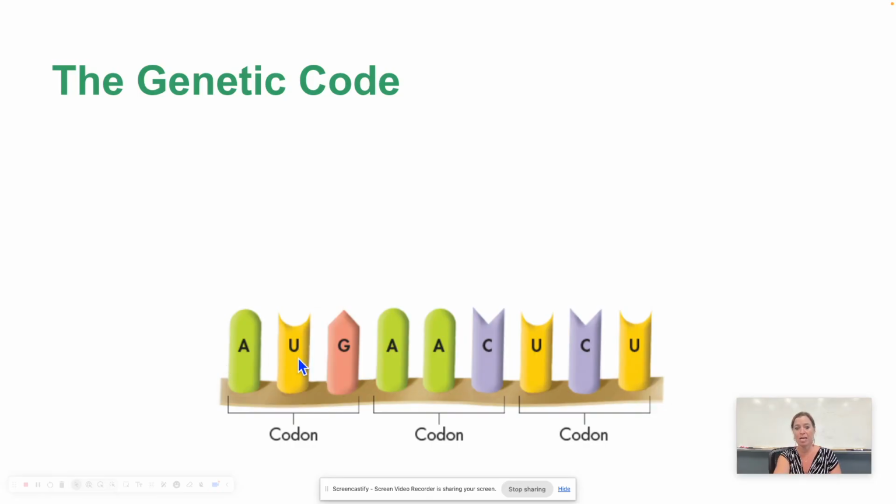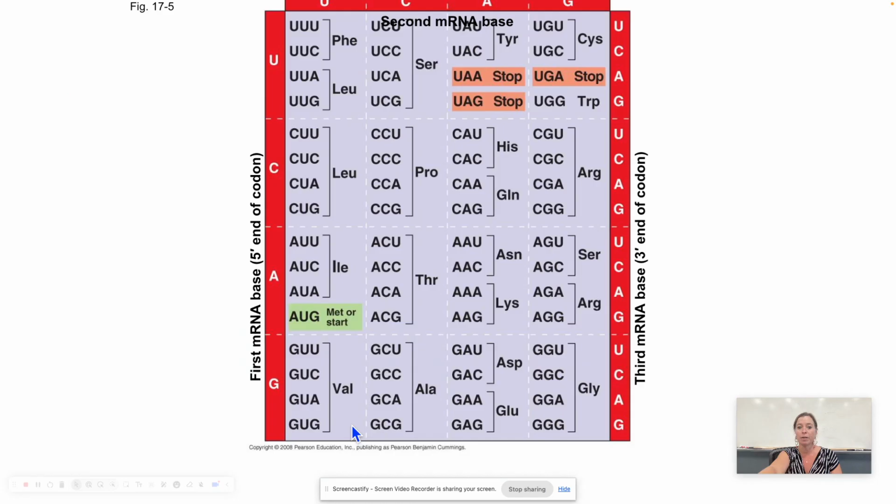Okay, so 3 nitrogen bases form one codon. A codon is what codes for a specific amino acid. So it takes 3 nitrogen bases to code for one amino acid. So let's take a look at a chart that we could use to figure out what AUG would code for.